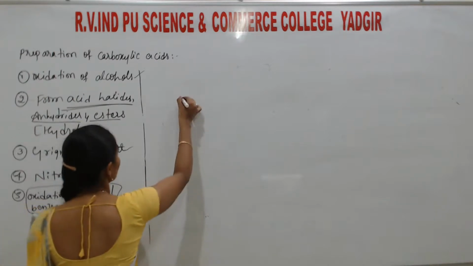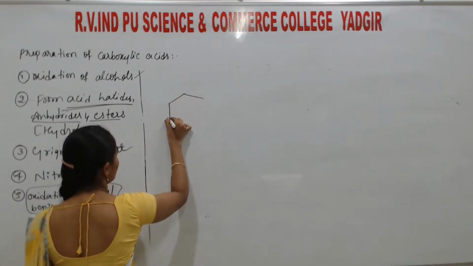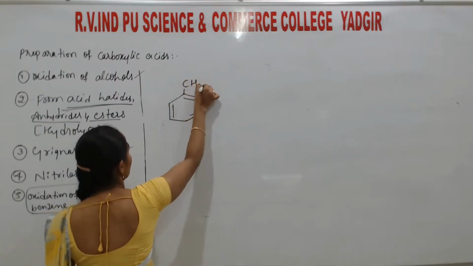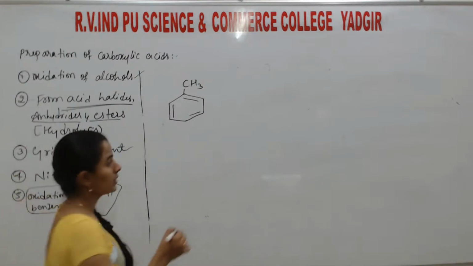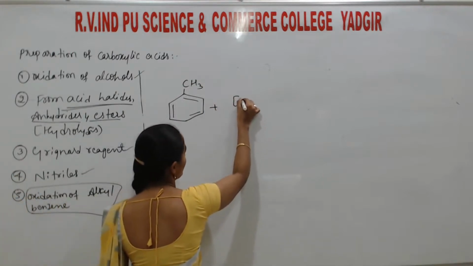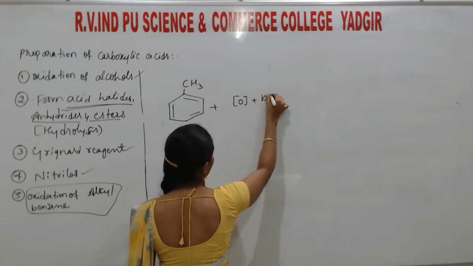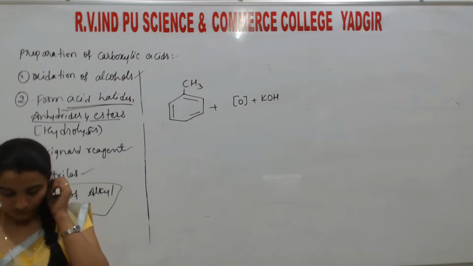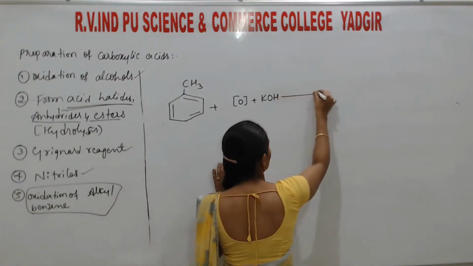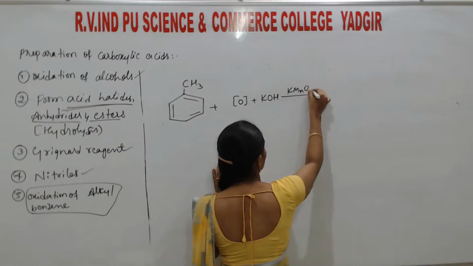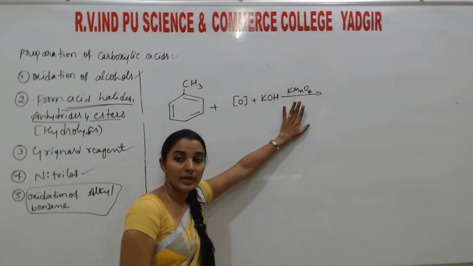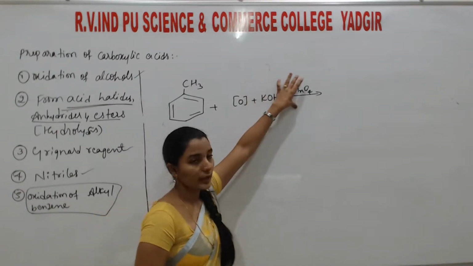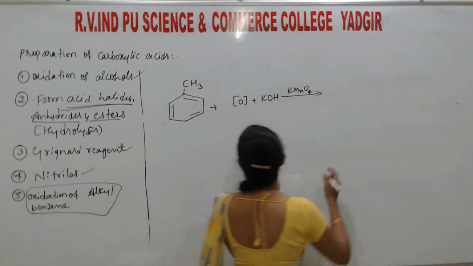Okay, listen. So I'll write the reaction first. Take alkyl substituted, means methyl. So when methyl benzene undergoes oxidation in presence of alkaline KMnO4. Alkaline KMnO4 means in the basic medium, KOH is a base. This is alkaline KMnO4. Gives what?